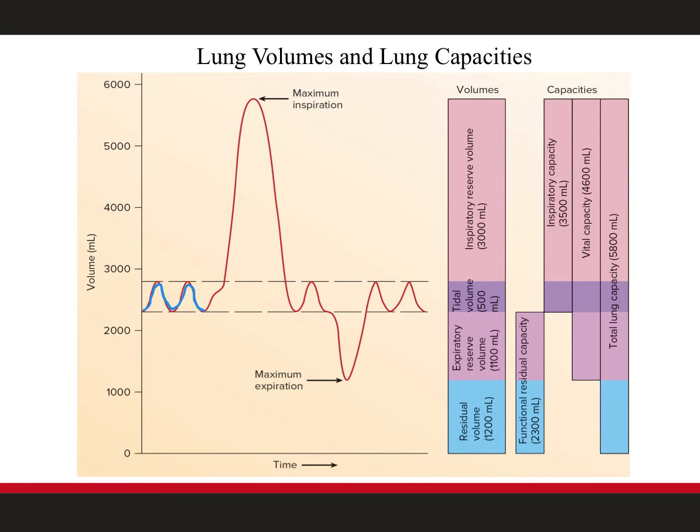Now, everybody take a big deep breath in. As far as you can. All the way in. That amount of air that you just breathed in is your maximum inspiration, the maximum amount of air that you can actually pull into your lungs.